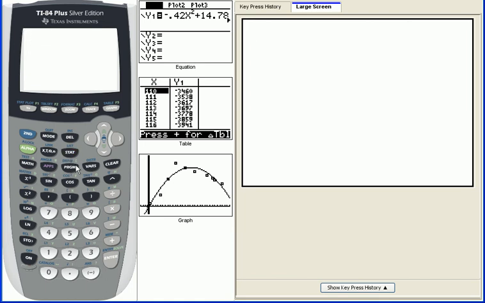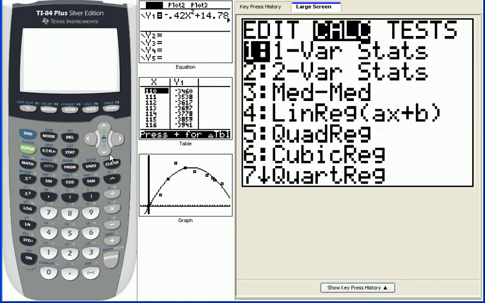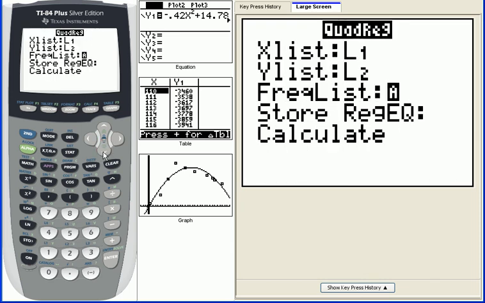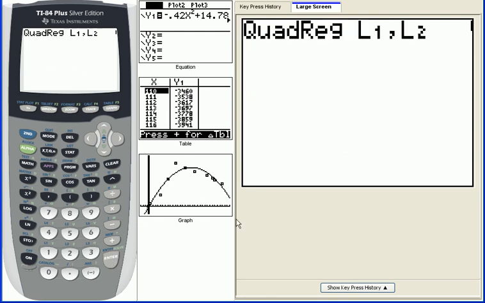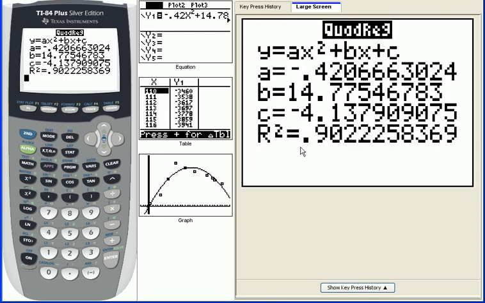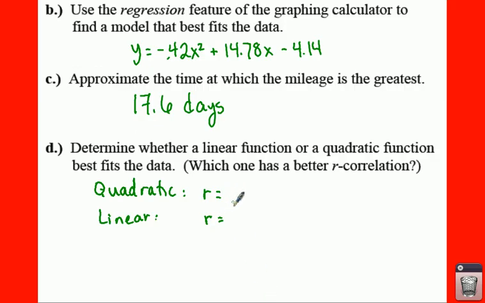Then let's see what our r value is. Actually, sorry, you're getting an r squared value for a quadratic because this is a square. So you get 0.9022. Let's write that down.